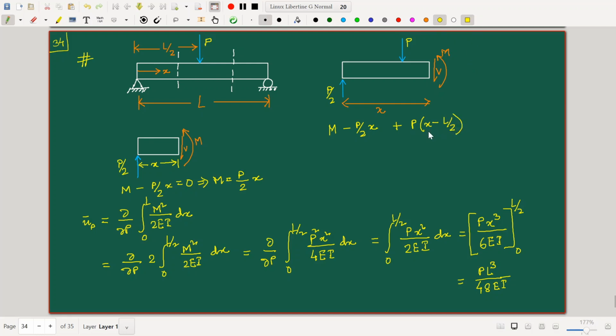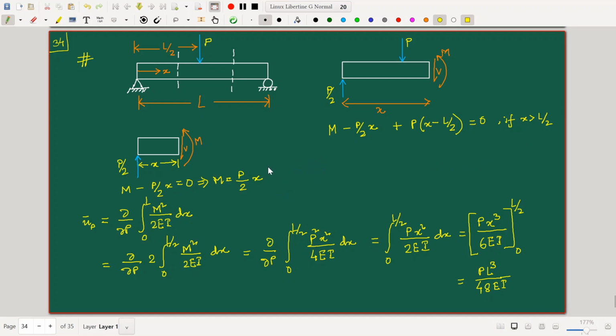But note that if we just write up to this, it is not quite correct, because then that would mean that even when I am at this distance, it is perhaps like this. So suppose we want to write the overall general expression for m.